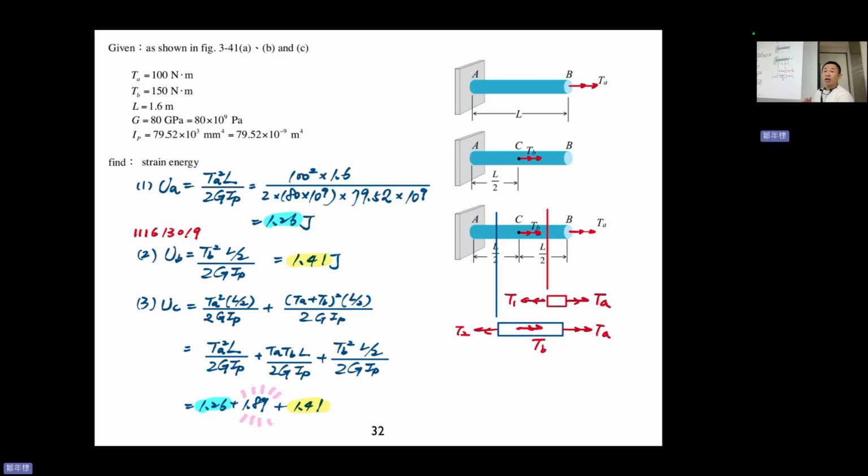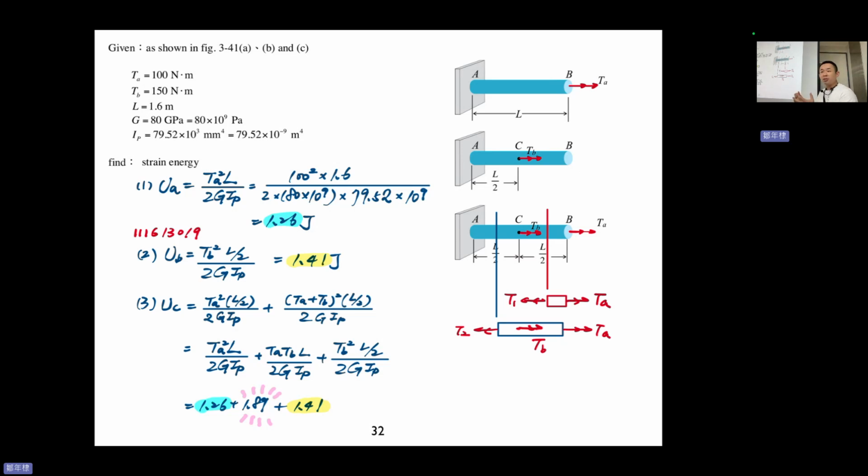Chapter 3 is almost done, and chapter 4 will be fun. I will say chapter 4 is quite fun because it is just drawing the figures. It is called the shear moment diagram.